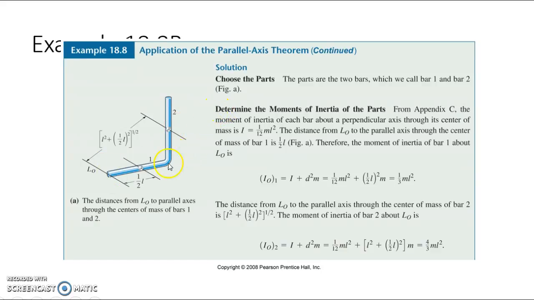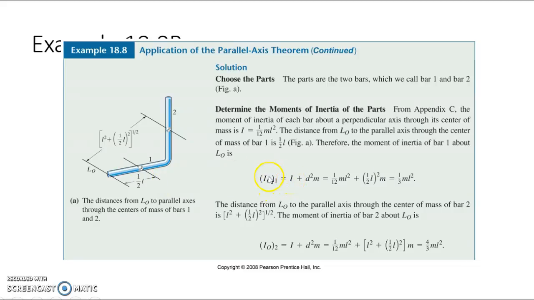Well, I can look in the tables and I'll see that the moment of inertia about the centroid of a thin bar is given by 1/12 m L squared. Now remember the parallel axis theorem. The parallel axis theorem says that we can find the moment of inertia about any other line that's parallel to the axis going through the centroid by incorporating this relationship here.